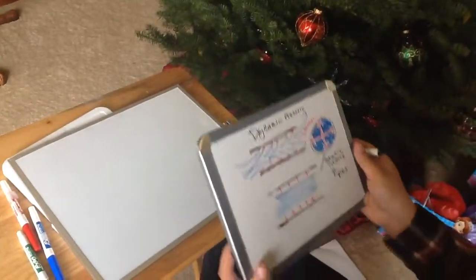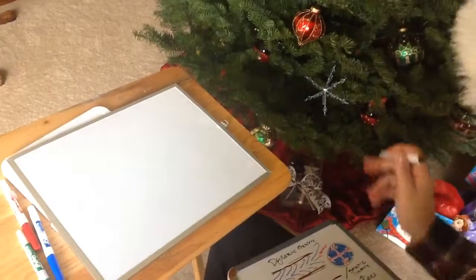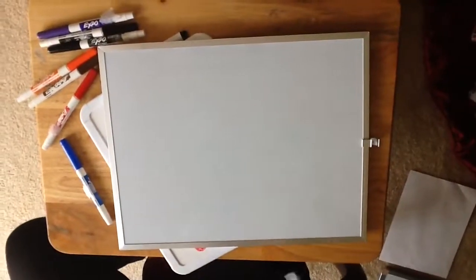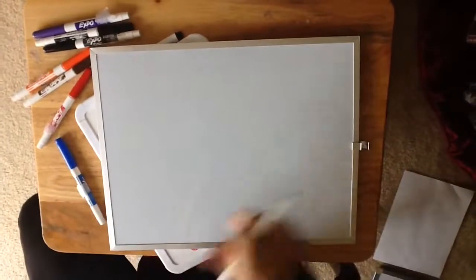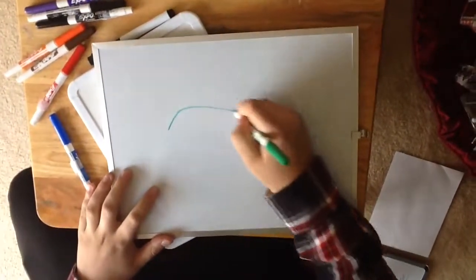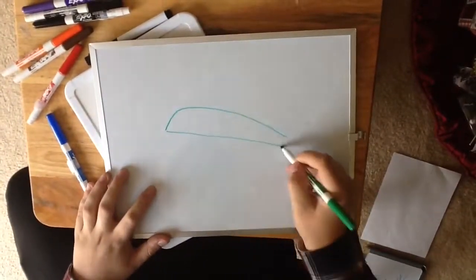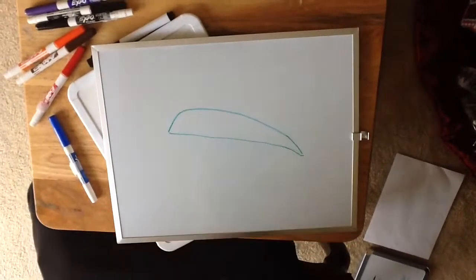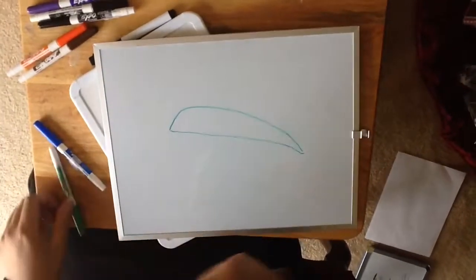Now to put it with air, I'll move down here and demonstrate how Bernoulli's essentially lifts the plane. We'll just draw here a little wing from the outside angle like this. With Bernoulli's, the air will be moving.